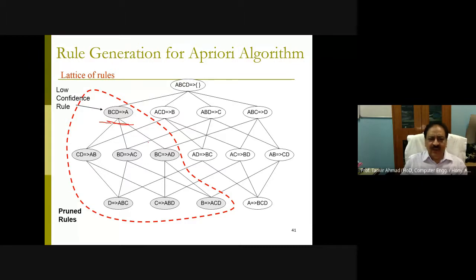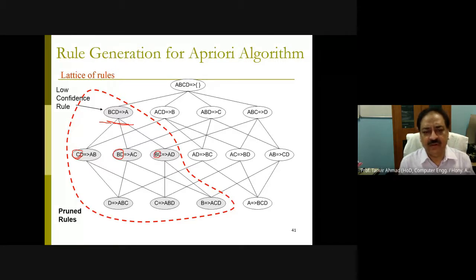And if I have a low confidence rule, all those rules which are generated from BCD will have a lower confidence. Now you find over here, this is also a subset of this. This is also a subset of this above rule. This is also a subset of all the above rules. And all these are subsets of the rules on the left hand side. And therefore, you can easily prove these rules.